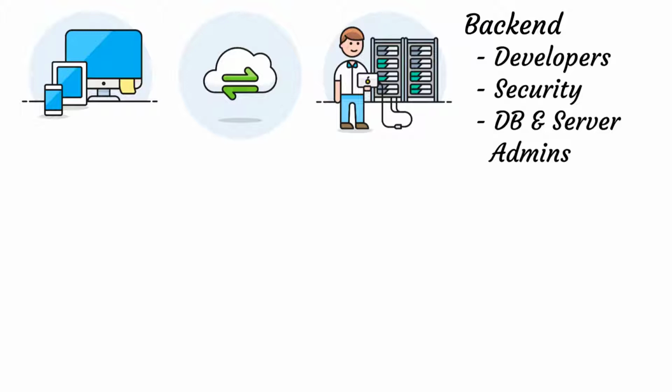Depending on the company and the size of it, you're also going to find security engineers or security experts to make sure that the system is not hacked. And depending on the company again, you might find database and server administrators. This depends a lot on the company. For example, if the company is using cloud-based providers or cloud systems, these roles might not be there in that company. It really depends on the company that you join.